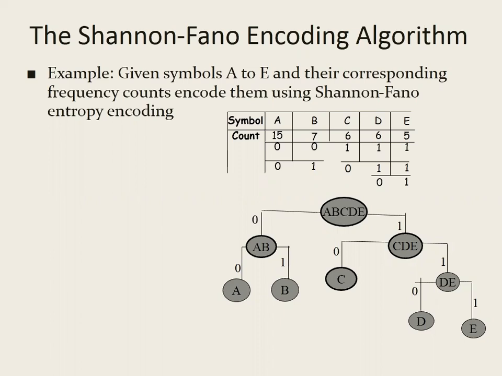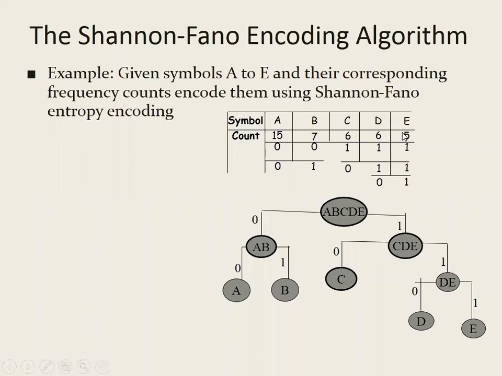To simplify our example, given a document, the frequencies of occurrence of A, B, C, D, E are given. A occurs 15 times, B 7 times, C 6 times, D 6 times, and E 5 times.